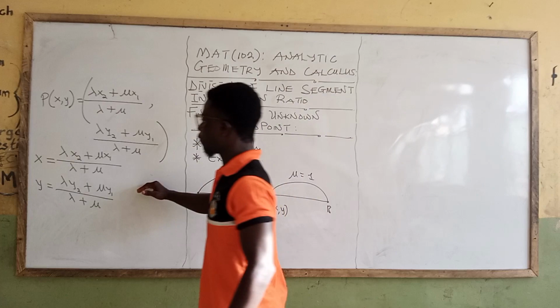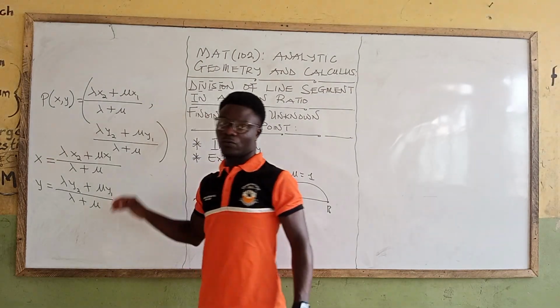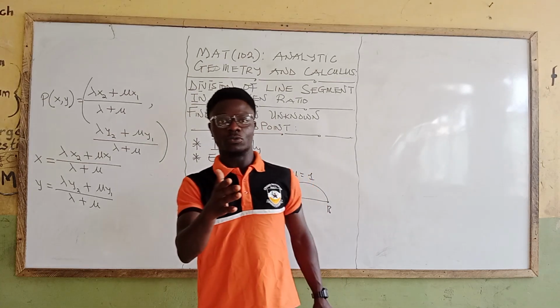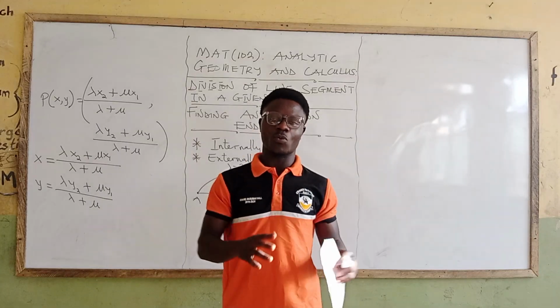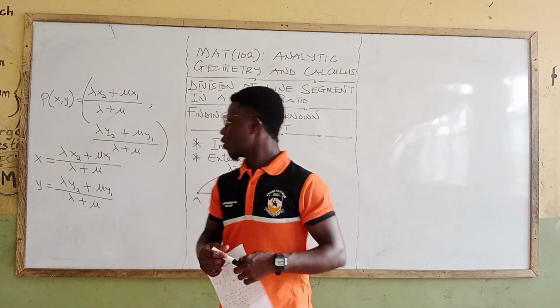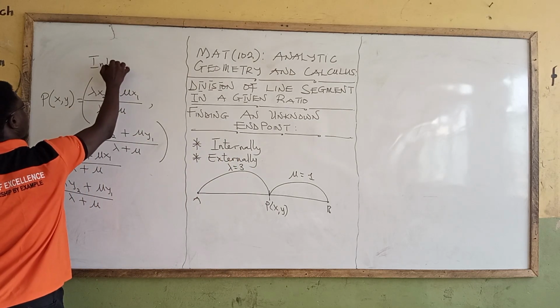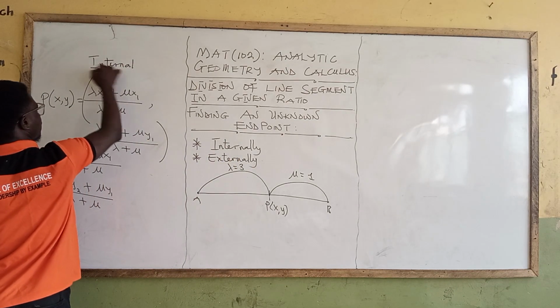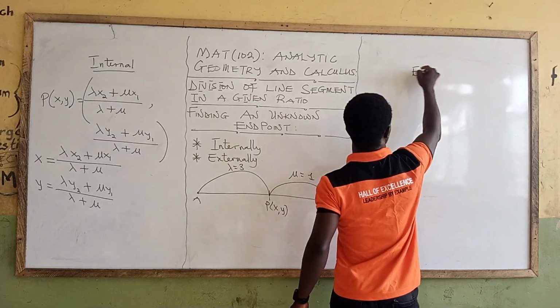I can give you point A, not point B, but give you the internal or external division. This is the formula for the internal division. If you've forgotten how to prove it, kindly go and watch lesson 15 or 16, thereabout. Now let's see the external division.